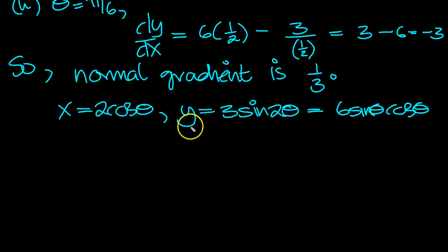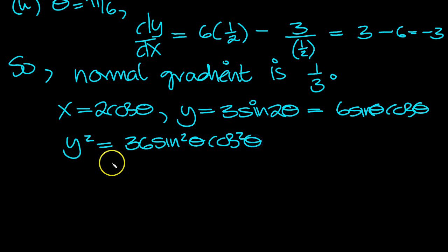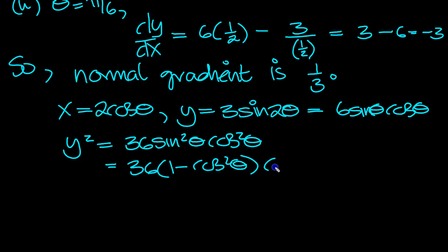So if we do y squared, that will equal 36 all squared, sine squared and cos squared, which is equal to 36 times, sine squared can be written as 1 minus cos squared, times the cosine squared theta, which equals 36 times 1 minus cos squared.